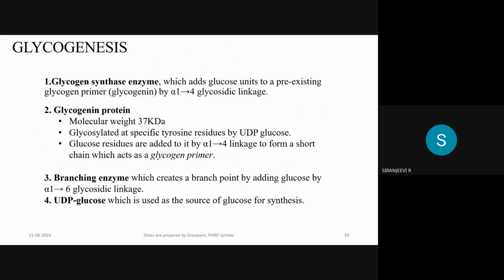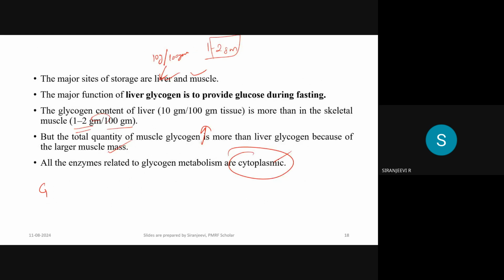We'll see glycogenesis. It's nothing but glycogen synthesis. So how does this happen actually? Whenever we are taking glucose in the form of food, beverages, sugar solutions, ice cream, whatever it is that we are taking, the excess glucose will be converted into glycogen.